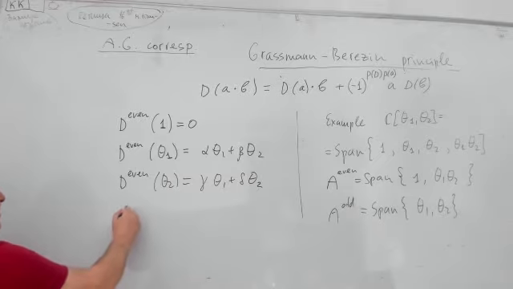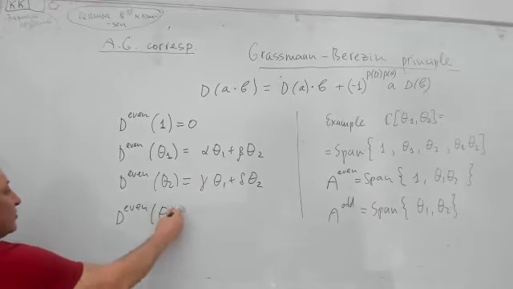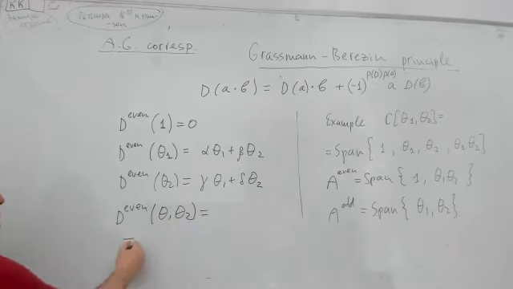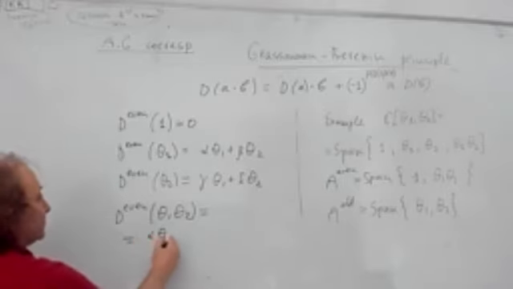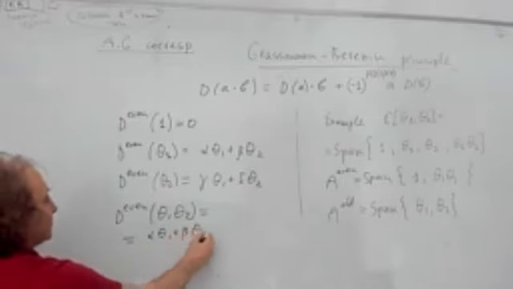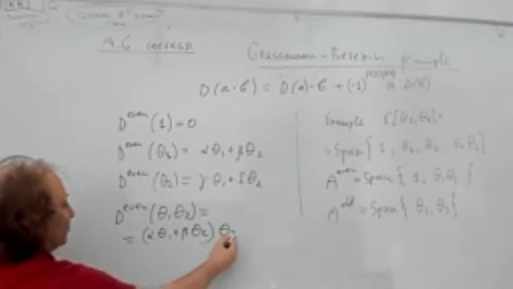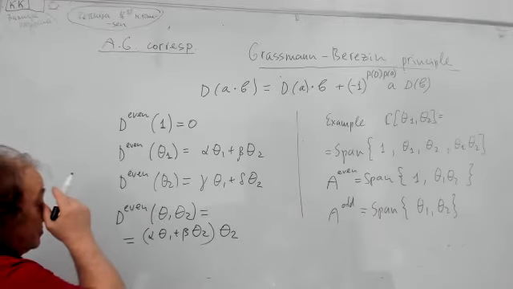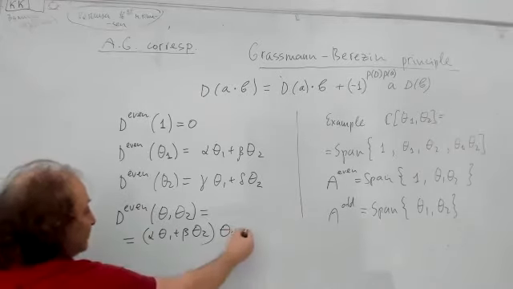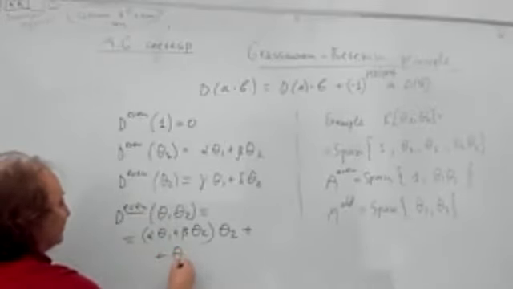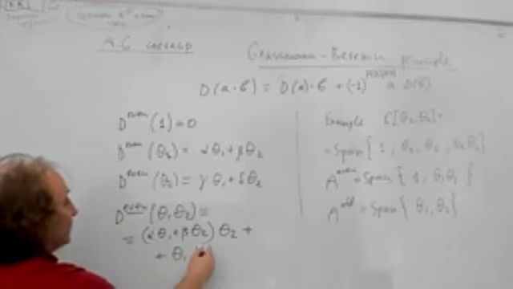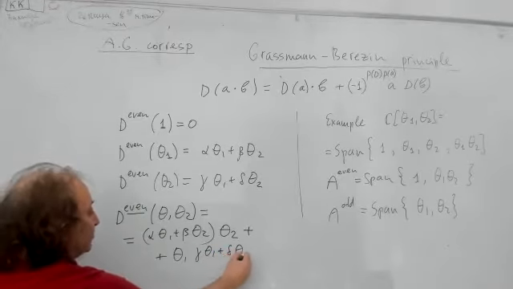Now, what is D even on theta 1 theta 2? So who would start? It's alpha theta 1 theta 2, minus theta 2 delta, and then plus, because yes, it's 0, gamma theta 1 plus delta theta 2.